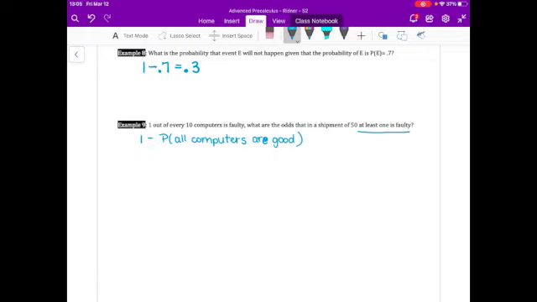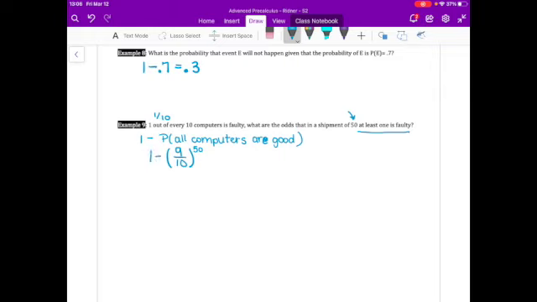And we're going to subtract that from 1, because if they're not all good, well, then at least one of them is bad, right? So probability of all good will be, well, probability of good in general is 9/10, because if 1/10 is faulty, 9/10 is all good. But we want that to happen 50 times.